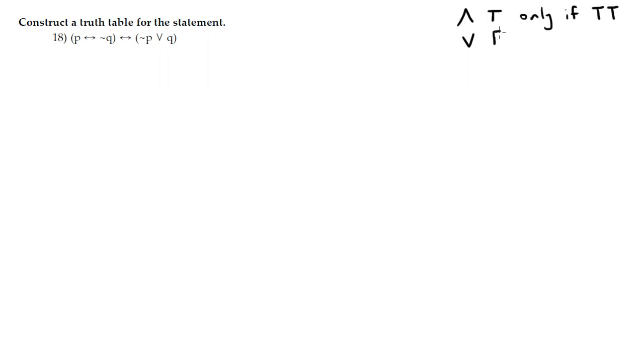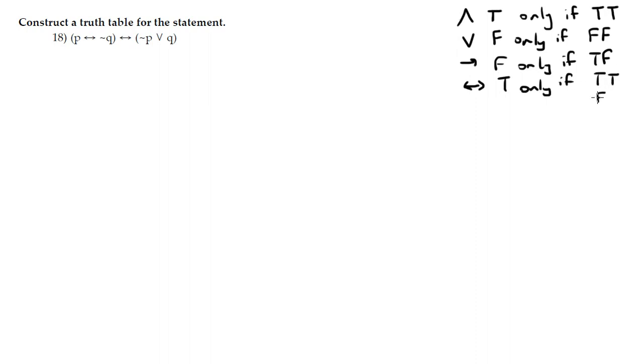The disjunction is false only if I have a false followed by a false. It's true otherwise. If-then is false only if I have a true followed by a false. It's true otherwise. And my biconditional is true only if I have a true, true or false, false. So that's my little legend. I keep this up here just to guide me through creating this truth table.